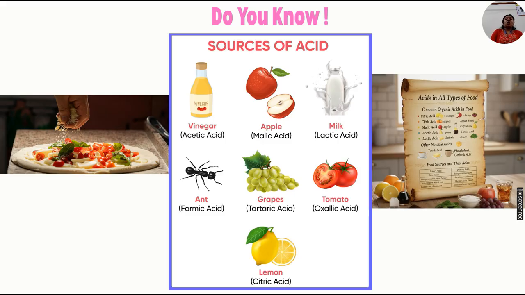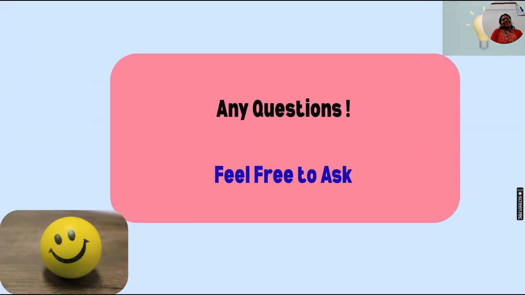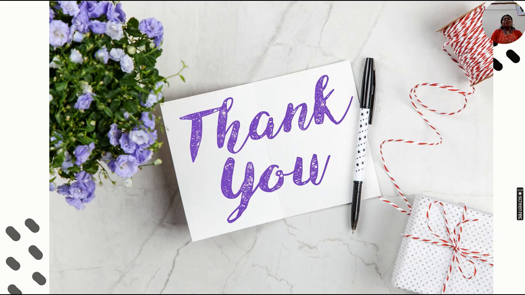They change odor and color in the presence of acid and base, and for neutral substances there is no change. Neutralization reaction is what? When we add acid and base, the base and acid react and form a neutral substance. Yes, very good. So that's it. If there is any question, you ask me and I will try to help you. That's it. Thank you very much.